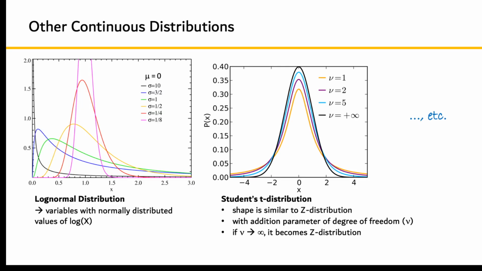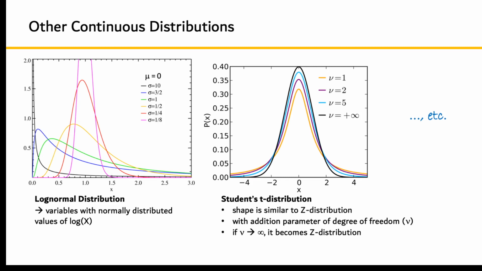Some other continuous probability distributions that are also widely used are the log normal distribution and the t-distribution. The log normal distribution is formed when the logarithmic value of the random variable x is normally distributed. Meanwhile, the t-distribution has a very similar shape to the normal distribution, but is controlled by one more additional parameter, which is the degree of freedom.